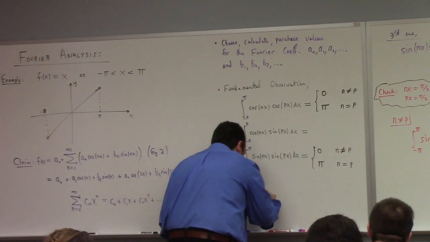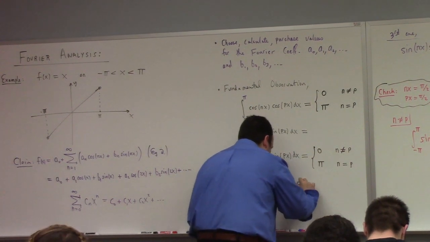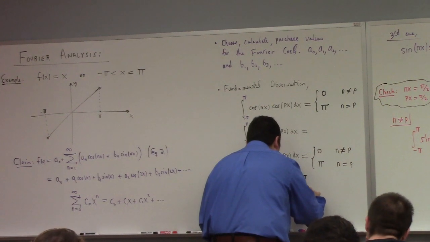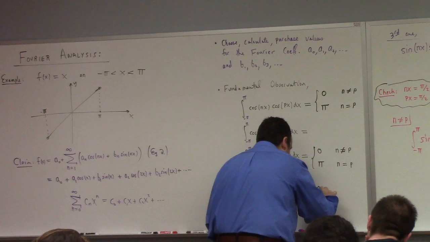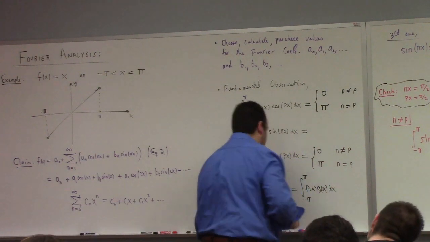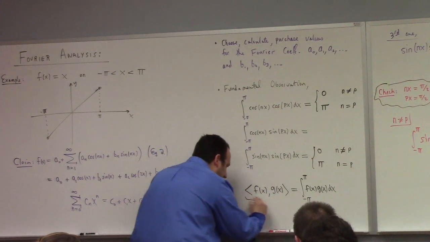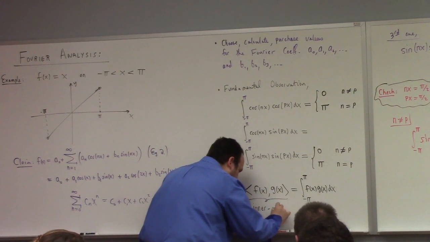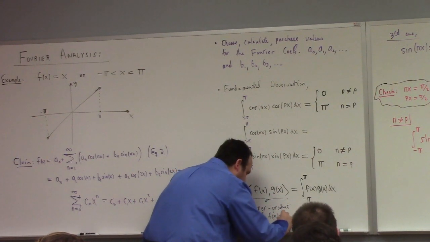If we have f of x, g of x, we can define this to be the integral from minus pi to pi of f of x, g of x dx. This notation here is read as the inner product of f of x and g of x, all right?